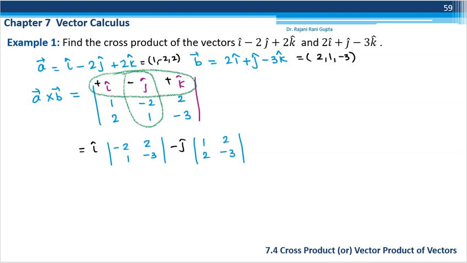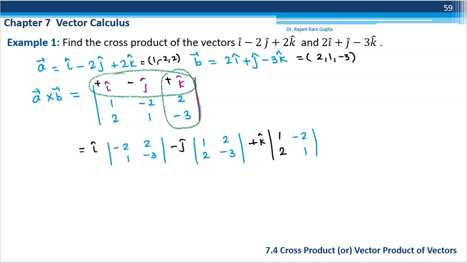And lastly, with k, what you have? 1, 2, and instead of the second, you will have the third column gone. So you are left with minus 2, 1.